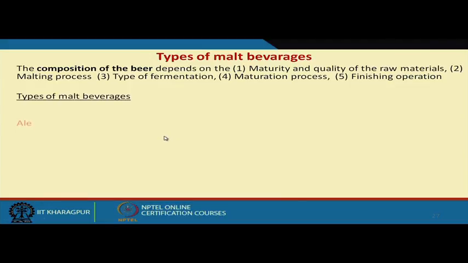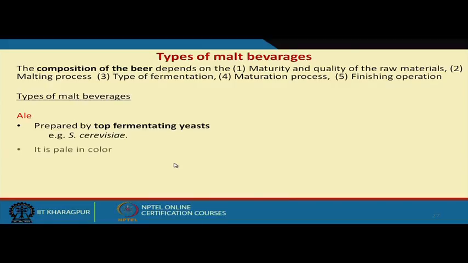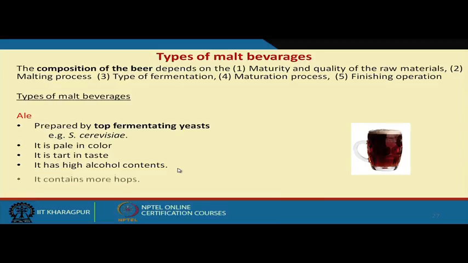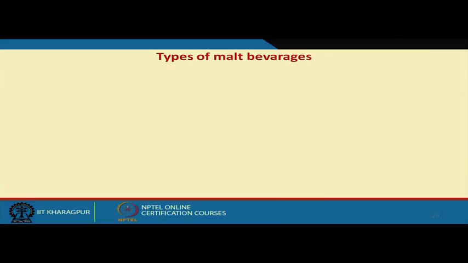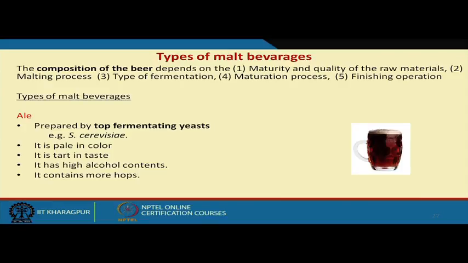Among the types of beverages, we have ale beer, prepared by top fermenting Saccharomyces cerevisiae. It is pale in color, tart in taste, has high alcohol content, and has more hops. So this is ale beer. That one looks a bit darker in color.